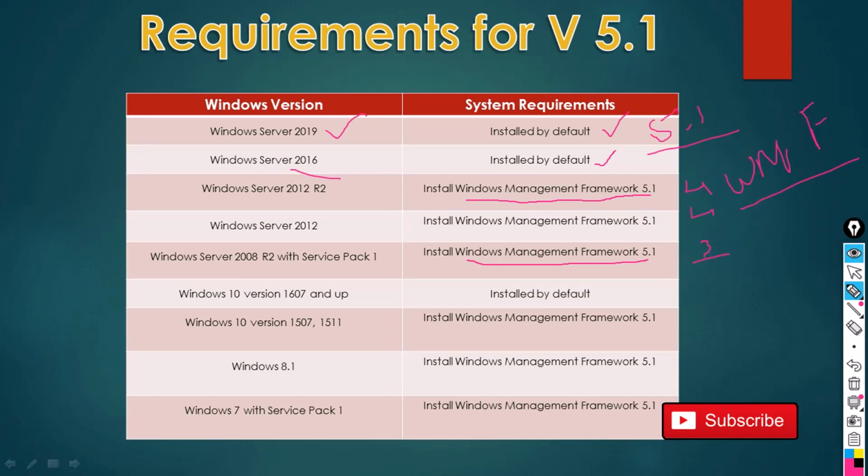And then on the client side, Windows 10 with 1607 and upwards has been installed by default with PowerShell version 5.1, and 1507 came with version 4 of PowerShell. You can always go back to WMF 5.1 and install the latest version there. And for Windows 8 and Windows 7, the same requirements apply, you need to install WMF 5.1.